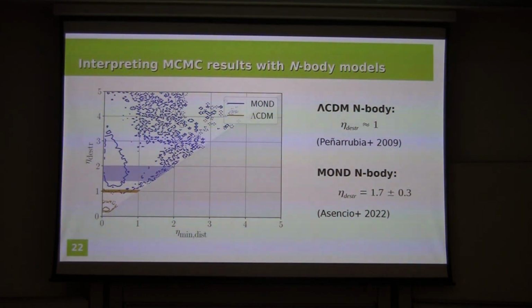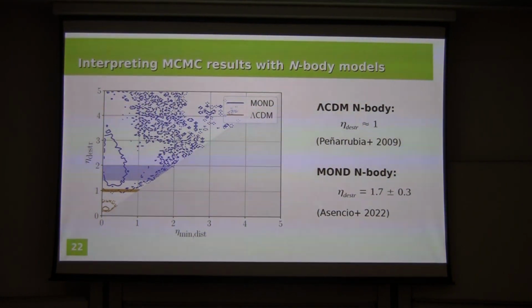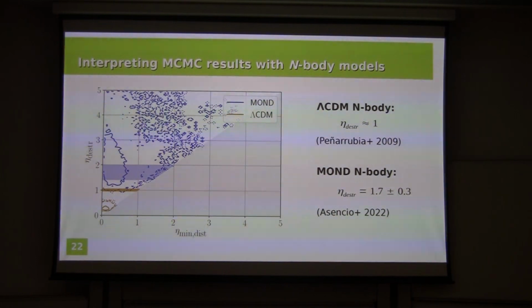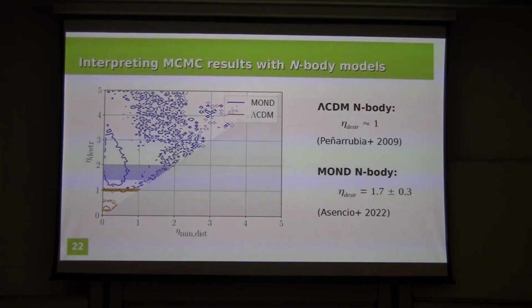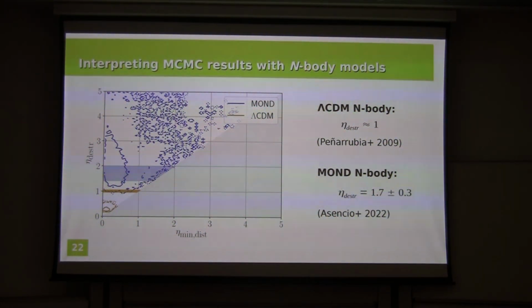In the MOND case, we used the results of Asencio 2022. And in this, we saw that the dwarfs should get destroyed when they have a tidal susceptibility of 1.7 plus minus 0.3, which, as you can see, is in very good agreement with the values that the dwarfs should have in order to match the observations.